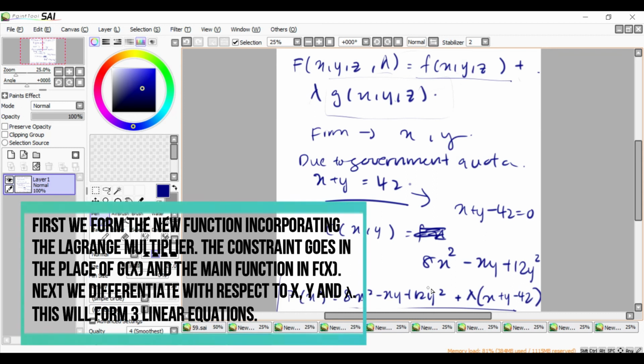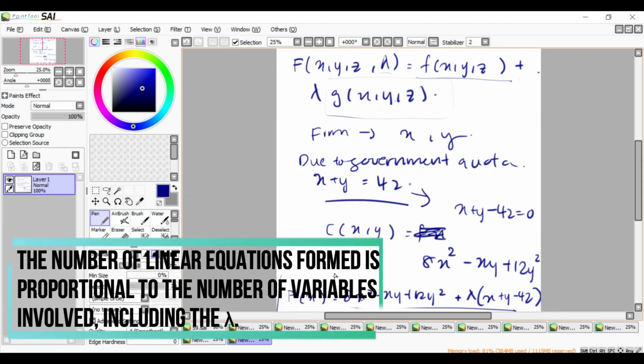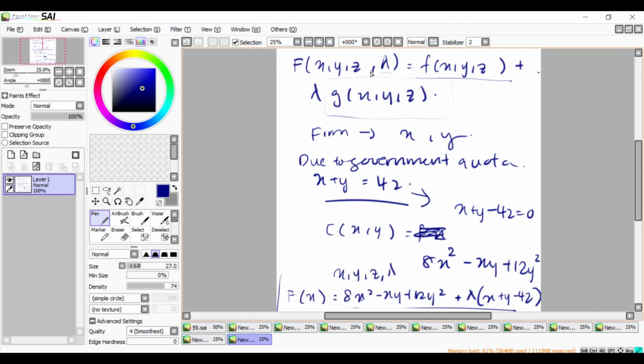If there is an extra variable, which we are not going to be seeing here, for example if there's x, y, z, lambda, like what they're saying up here, then we've got to differentiate with respect to x, y, z, and lambda. So in this case we only have 3 differentiations to do, because there's only x, y, and lambda.